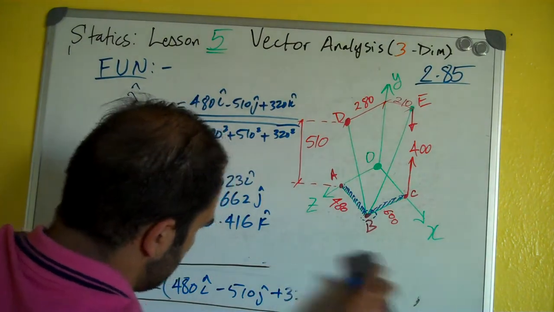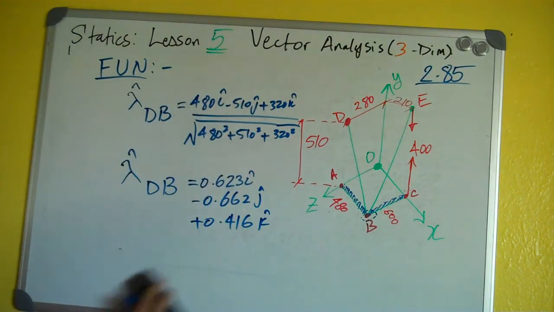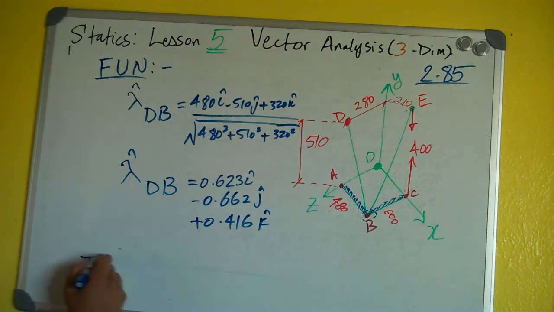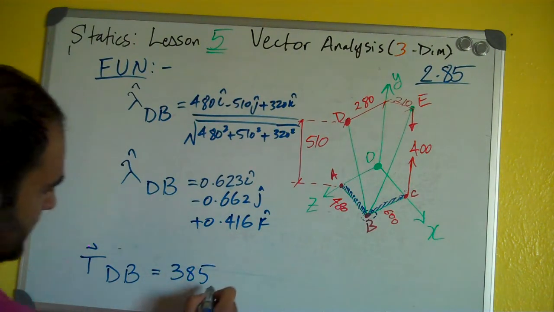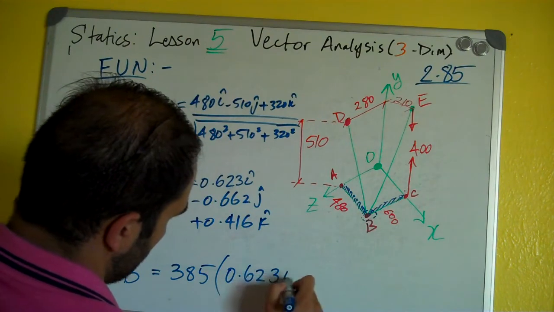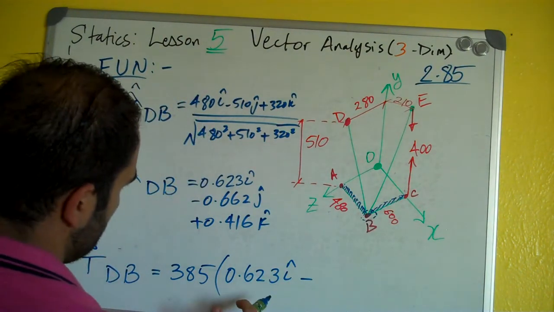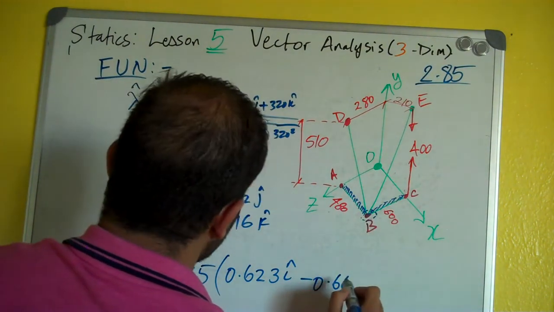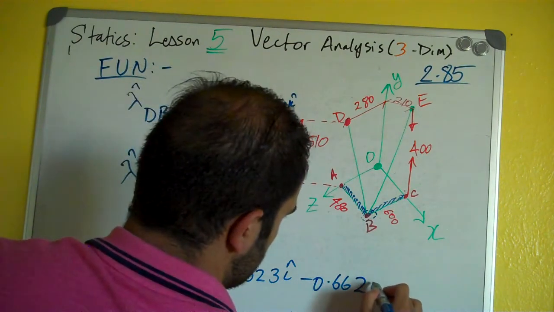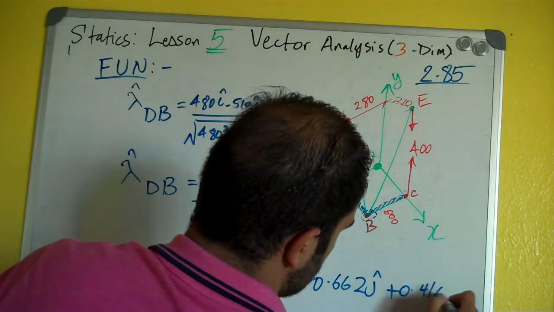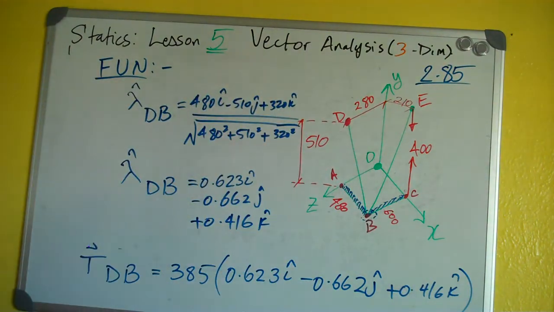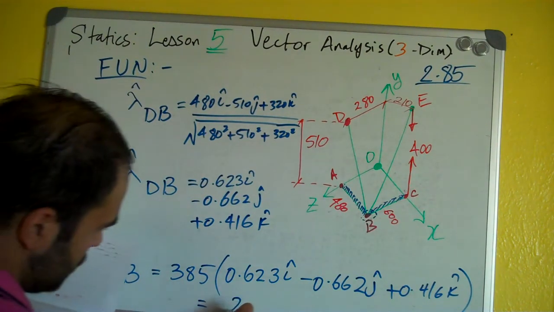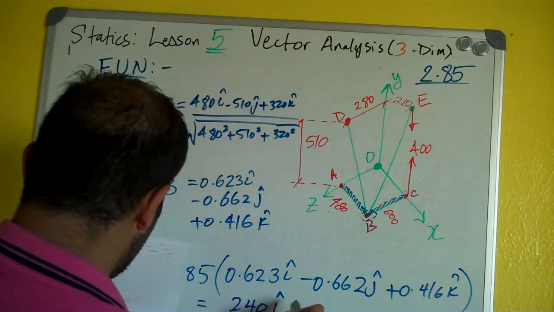Then you could erase this and write the vector tension DB, which is equal to 385, the magnitude, times 0.623 I minus 0.662 J plus 0.416 K. I'm not going to do the next step in the next videos, but in this case I'm going to do it just in case you don't know how the final answer should look.